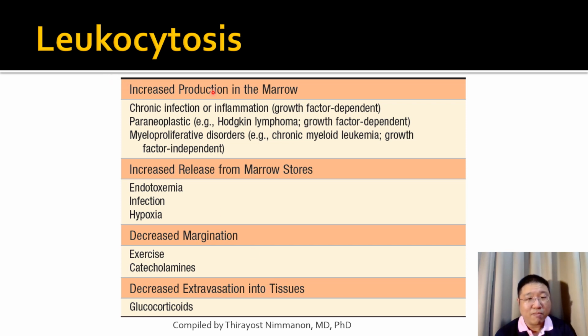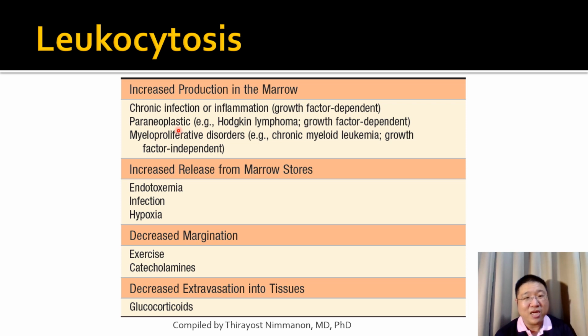Increased production may result from chronic infection or inflammation, as you all have learned already that inflammation or infection will stimulate cytokine production from the immune cells, and those cells will produce different growth factors, different cytokines, and those substances will stimulate leukocytosis.